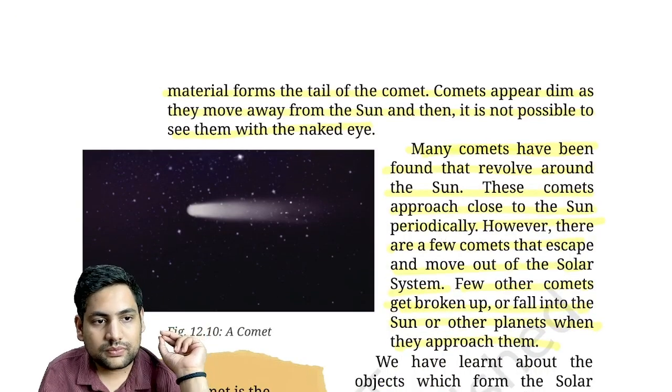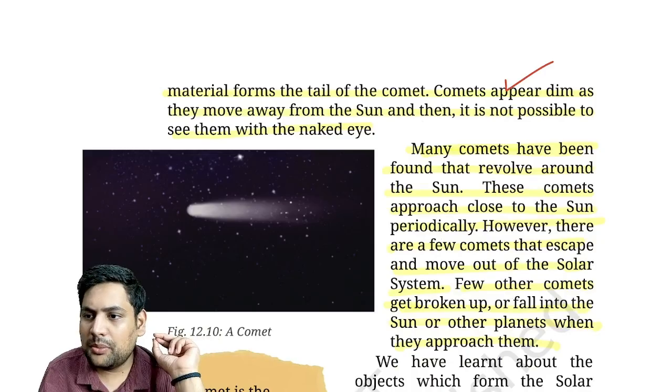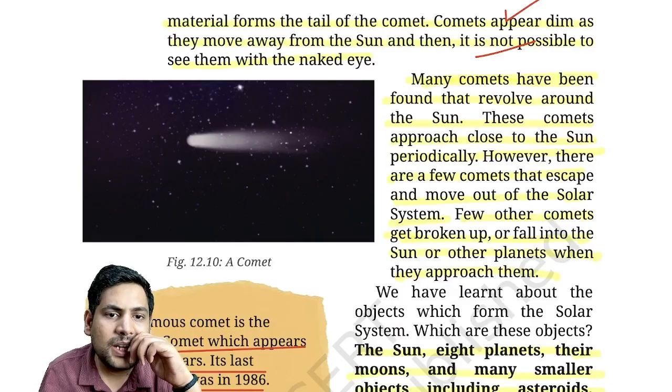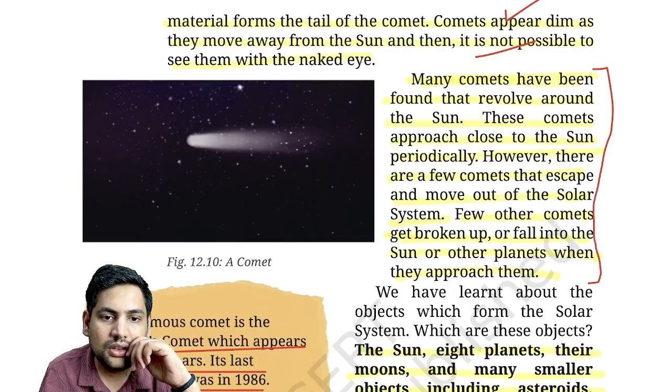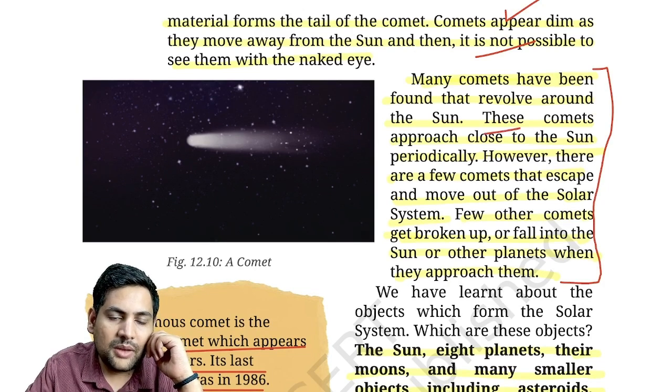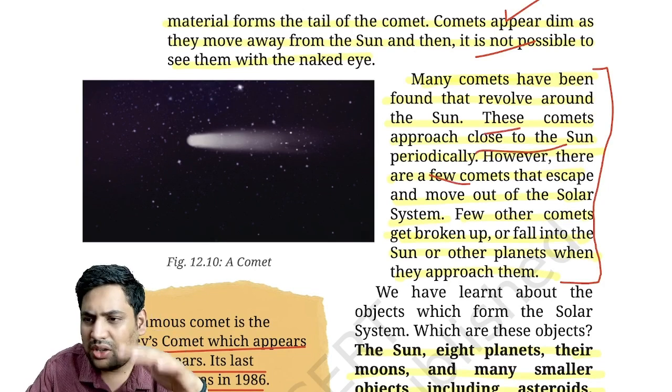Then as they move away from the sun, they become dimmer, and then it is not possible to find them with the naked eye. There are many comets that have been found to revolve around the sun. These comets approach close to the sun periodically.